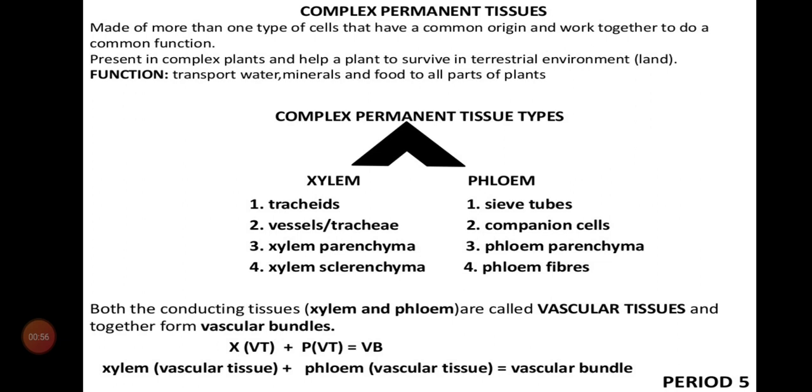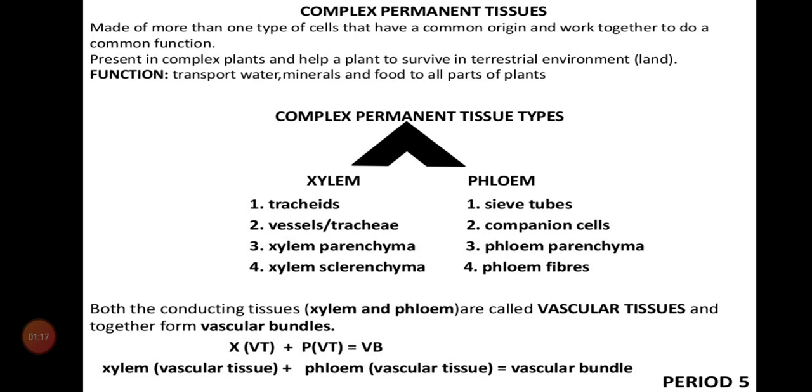Okay, why do we call it a complex permanent tissue, children? Because parenchyma stores food, collenchyma gives mechanical strength, and sclerenchyma also gives mechanical strength. So they all do only one kind of function, and they all have the same kind of cells.